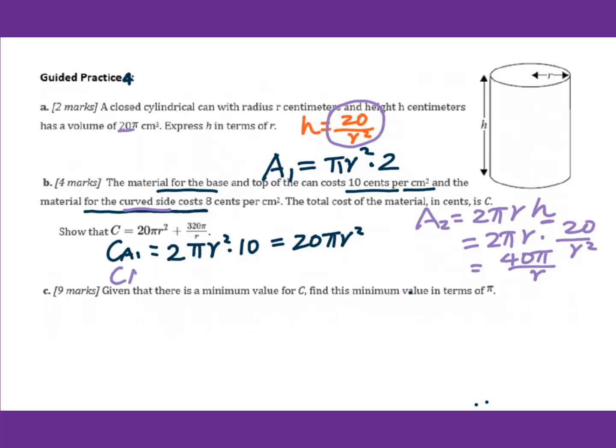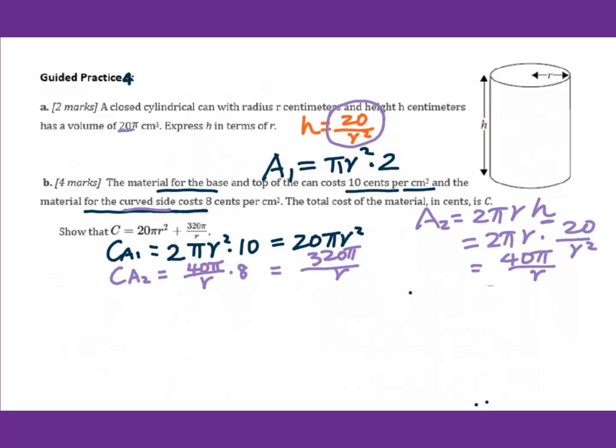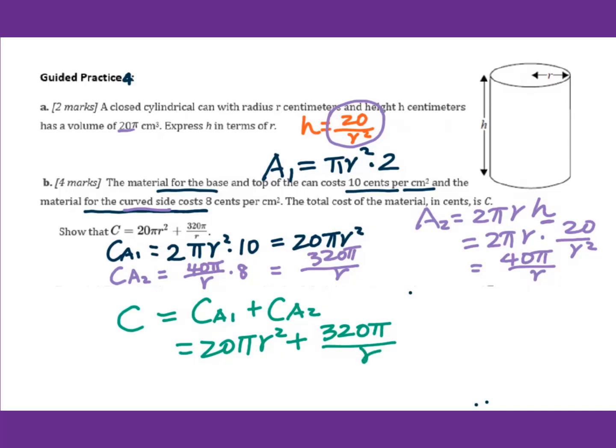Therefore, for CA2, the cost for the curved side surface area, you will get 40 pi over r times 8. That is 320 pi over r. Therefore, the total cost equals CA1 plus CA2. That is 20 pi r squared plus 320 pi over r.